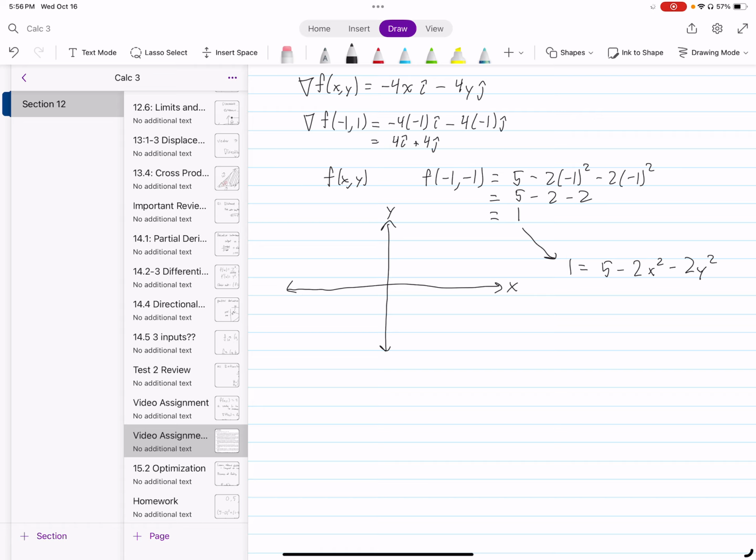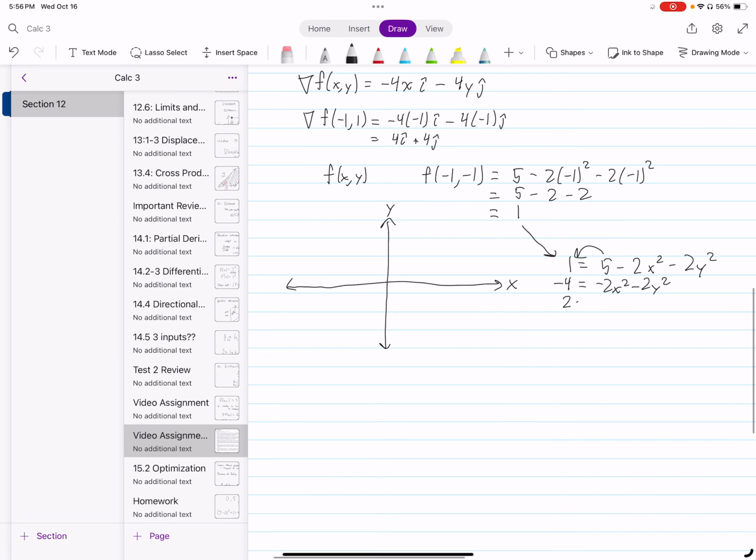So this function can be rearranged. We can put the 5 over this side. So the new function would be negative 4 is equal to negative 2x squared minus 2y squared. And divide everything by negative 2, leaving us with 2 equals x squared plus y squared. This function is the same as that of a circle with a radius of 2. So that's what we will draw.